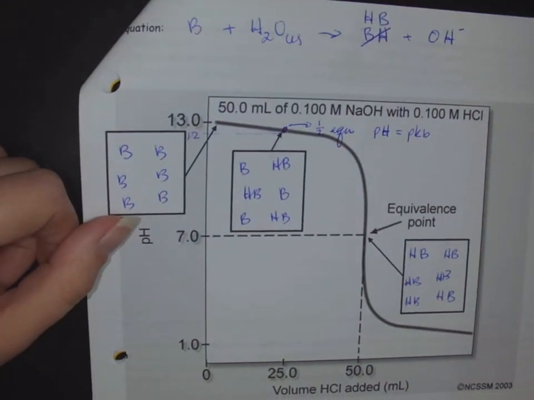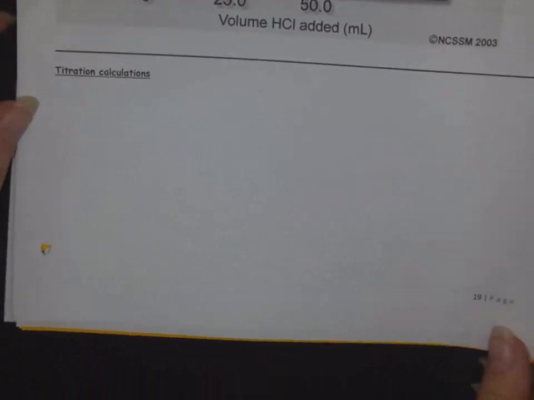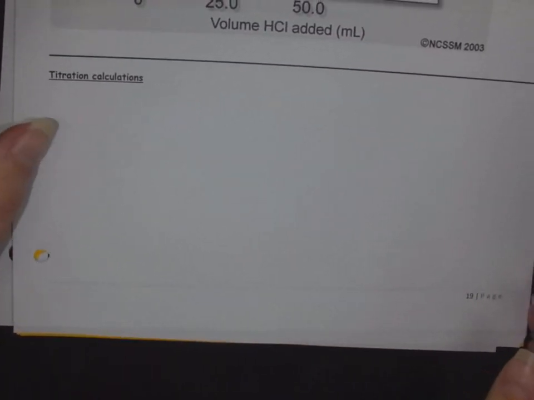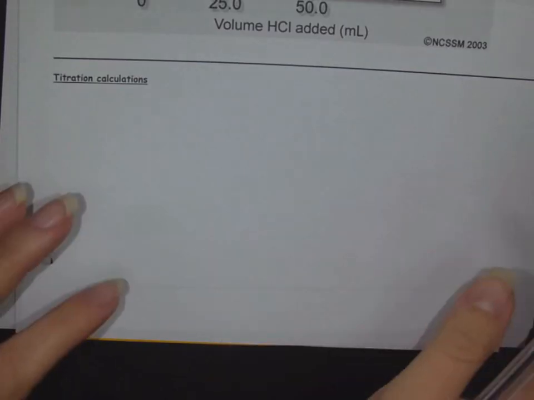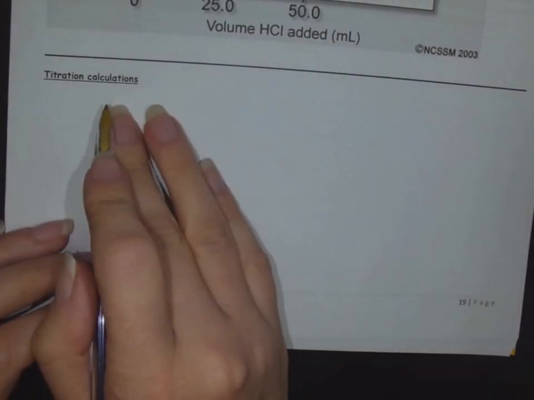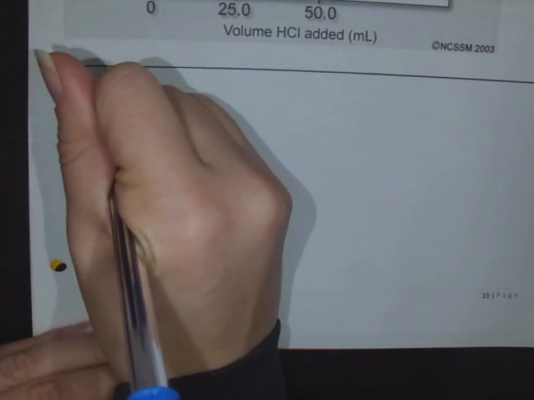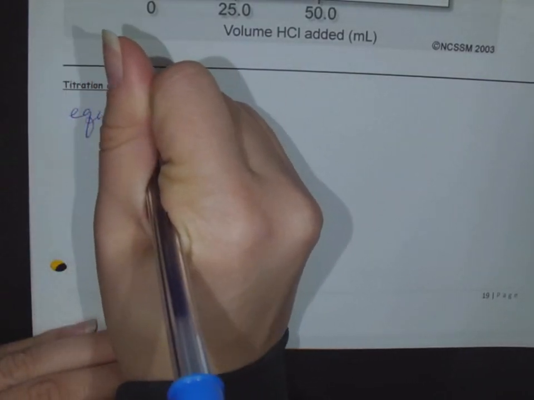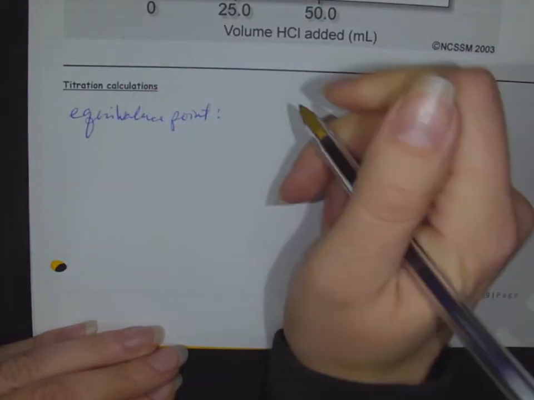Okay, great. Now, I showed you a trick with this, but we're going to reiterate it. This is wholly based on the idea that during a titration, we're trying to reach the equivalence point. And we know that at this equivalence point, something really important happens.